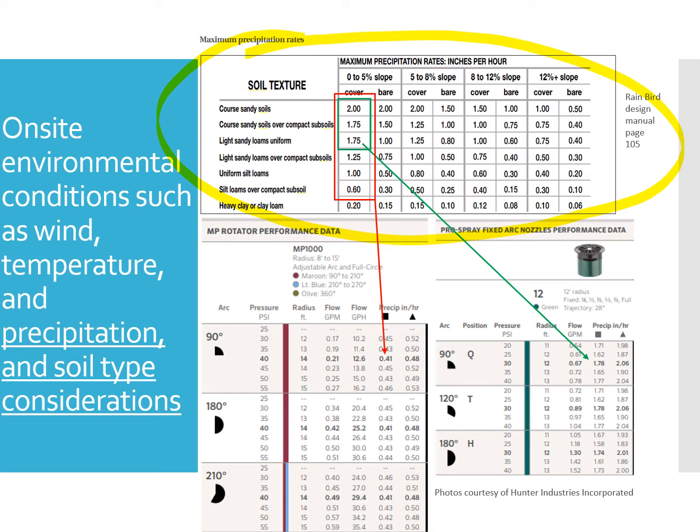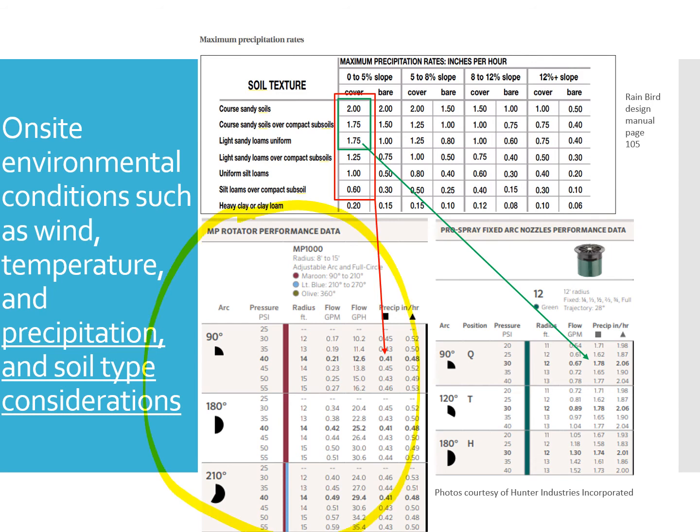Now, also, that amount of water that it can drink will change over periods of time and how long you're actually applying it, but this is just a general chart. Down below here, we have charts that show how fast water is being applied in inches per hour and whether that particular sprinkler head is compatible with the type of soil that you have.